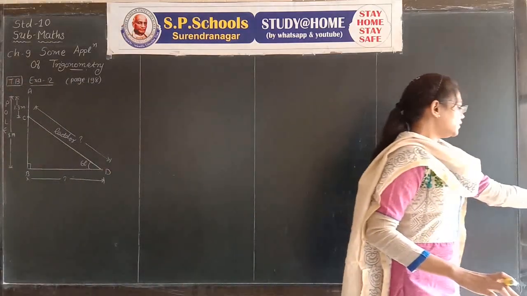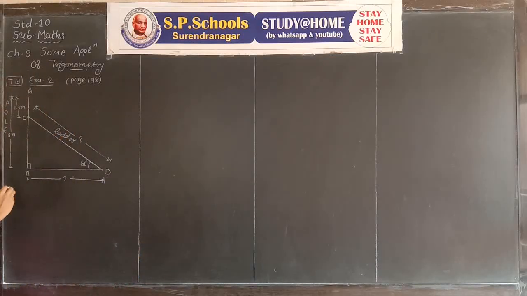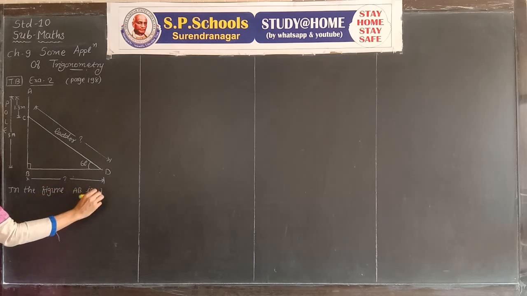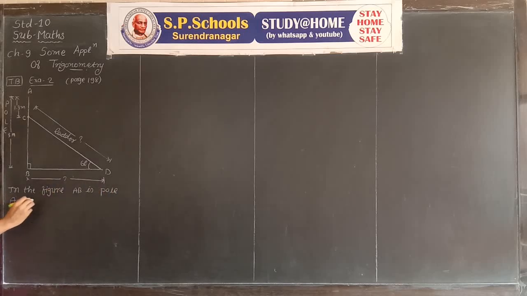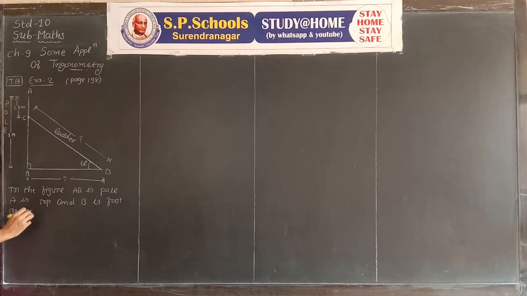First of all, write the description of the figure. In the figure, AB is the pole, A is the top and B is the foot of the pole.